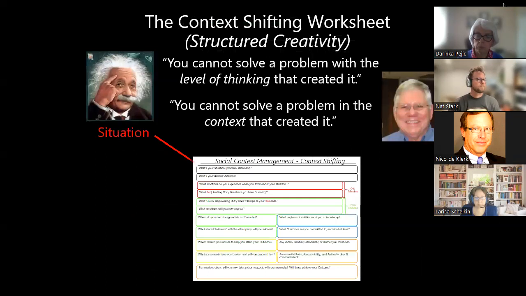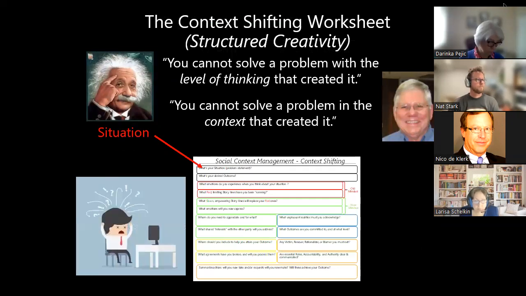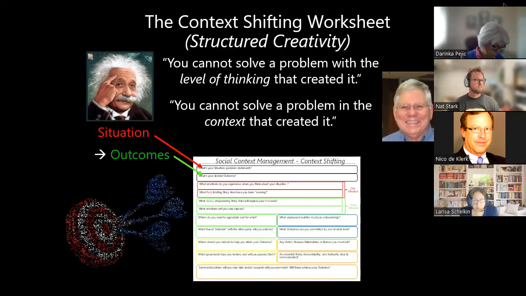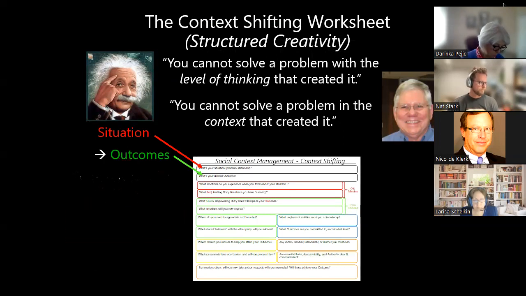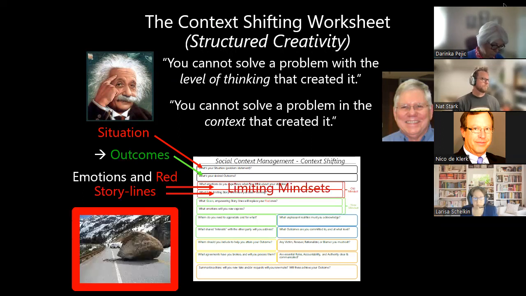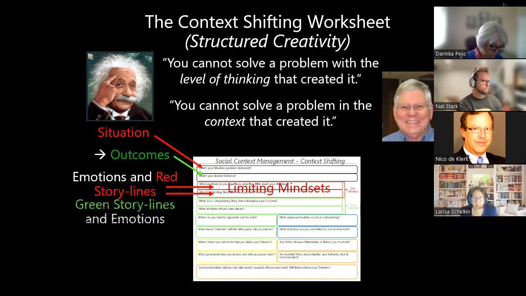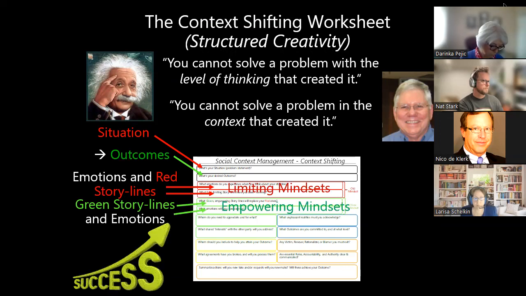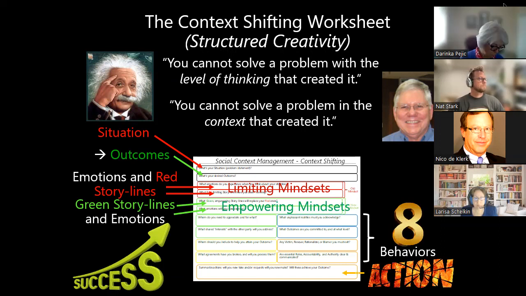For people who aren't familiar with it, and we've been practicing this, you write down your situation, the dilemma, the problem, write down the outcomes, look at the emotions that are in play, and then dig down for the red storyline that's powering that emotion, shift the thought, and bring a new emotion, do the 8 behaviors, which we talked about, and finally say, if I do these things, am I going to get what I want?